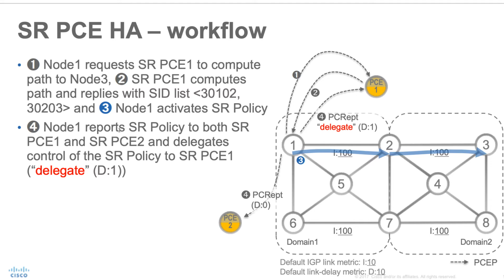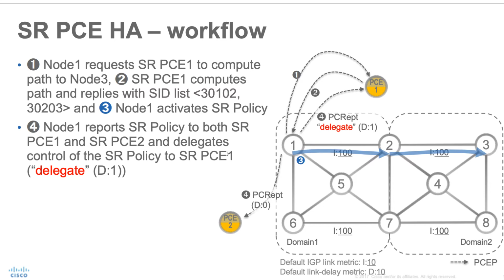Node 1 will report the SR policy to both SRPC1 and PCE2. But since SRPC1 is your primary, it will send that report by setting the delegate bit to on, or 1, delegating control of the SR policy to SRPC1. In this case the delegate bit is set as on and in the other case it is off. That means this is our primary PCE for this policy and this is our backup.